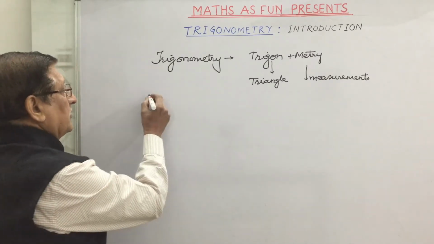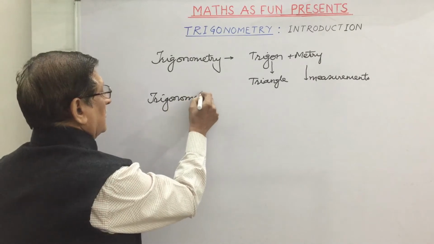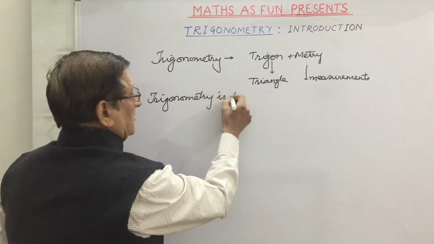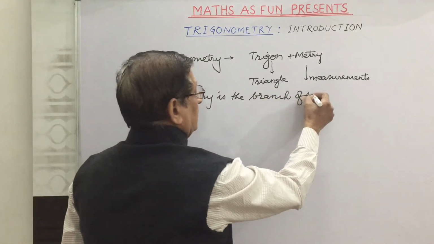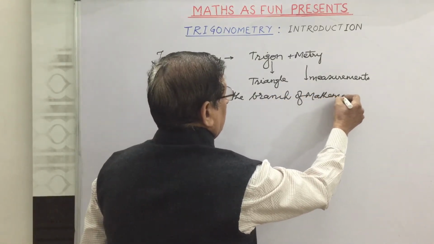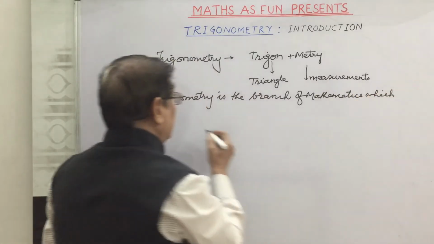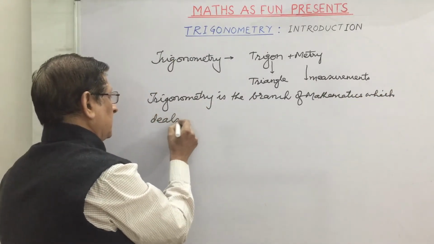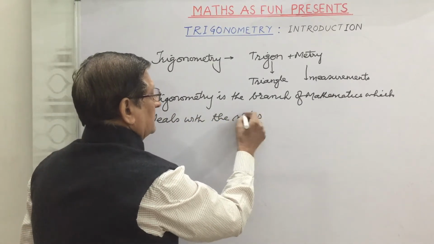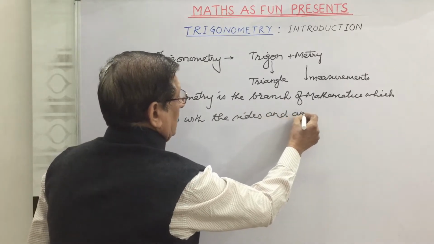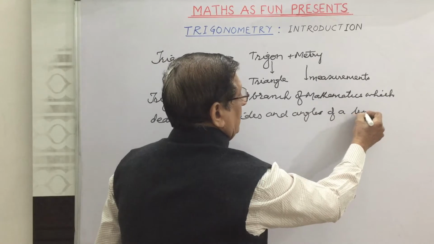So we can say trigonometry is the branch of mathematics which deals with the sides and angles of a triangle.